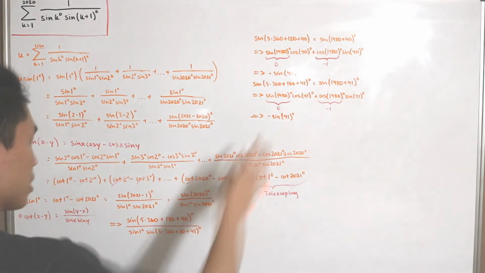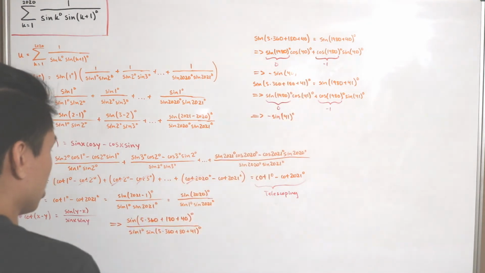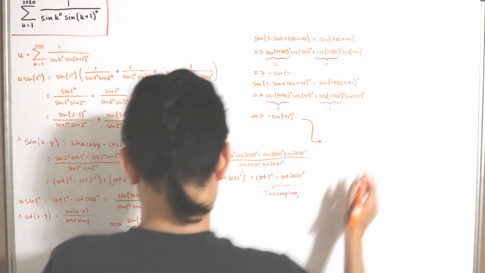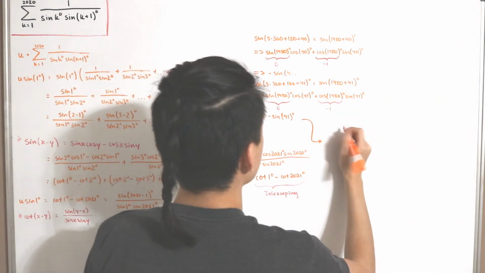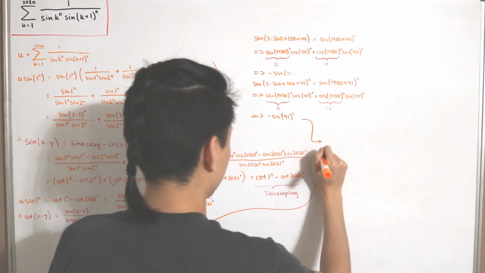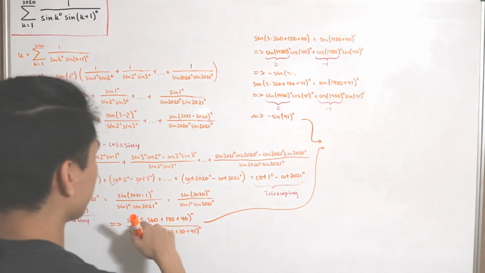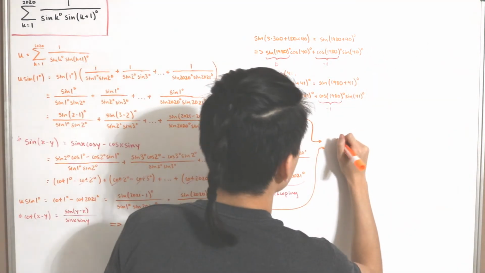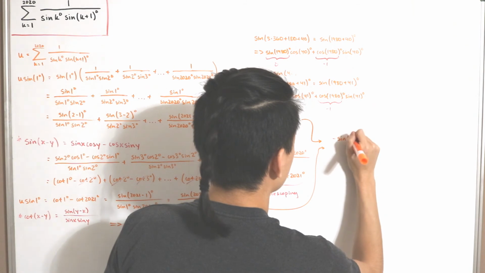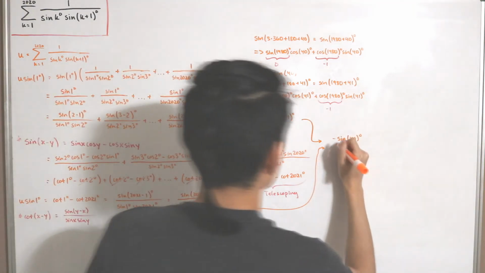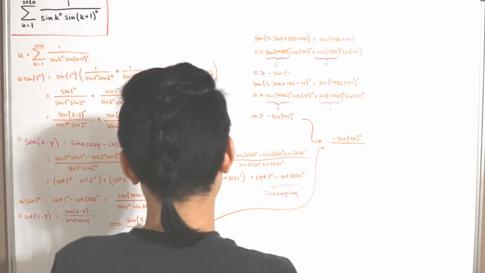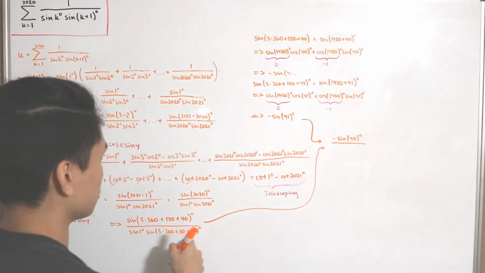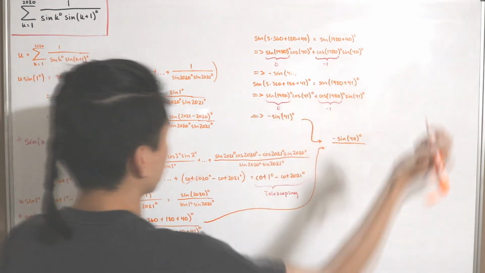And so with that, we can replace our inputs back into here. Going from here, sine of 5 times 360 plus 180 plus 40 is going to equal negative sine of 40 degrees. And then we divide by, so far we have sine of 1 degree, multiplied by sine of 5 times 360 plus 180 plus 41, which is just negative sine of 41.